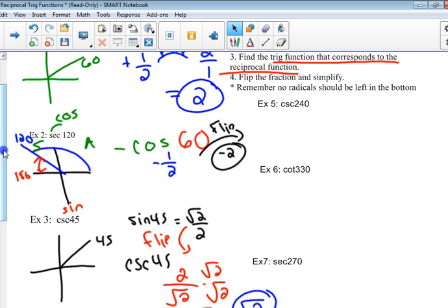Wait, Caitlin, oh yeah, -2 on that side. Okay. What you guys thinking?